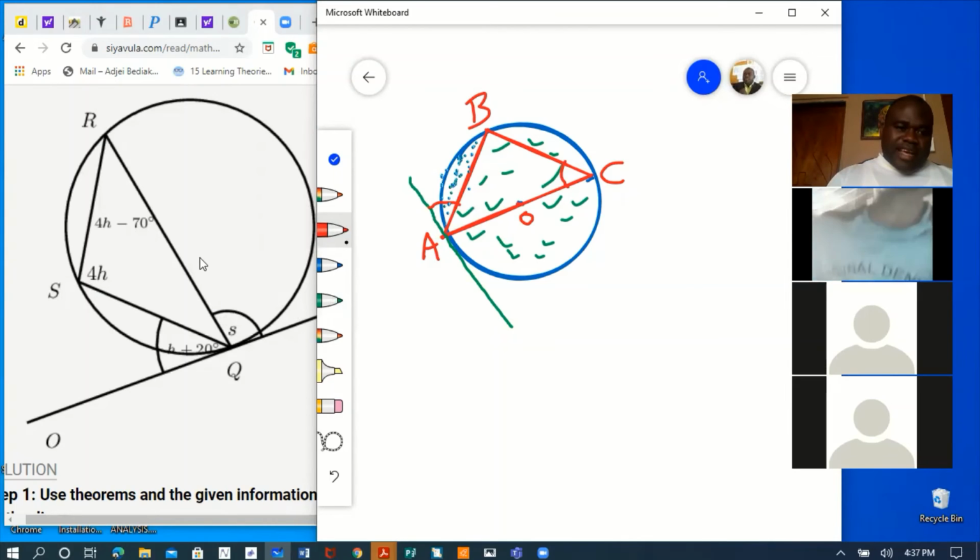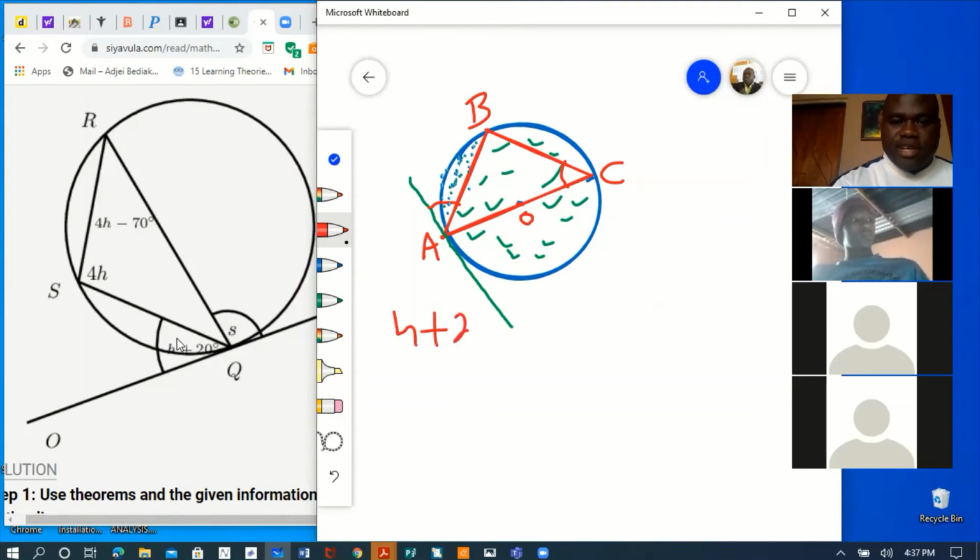Let's go back to this diagram and compare a few things. You see that here we have H plus 20 degrees. That is the angle between the tangent and chord. You get it? Yes, sir.